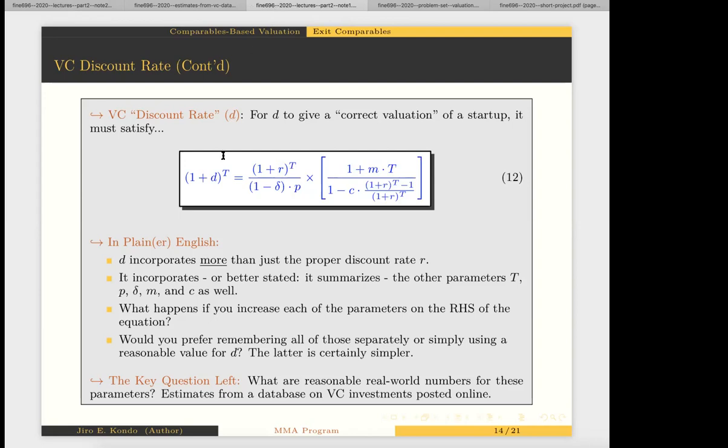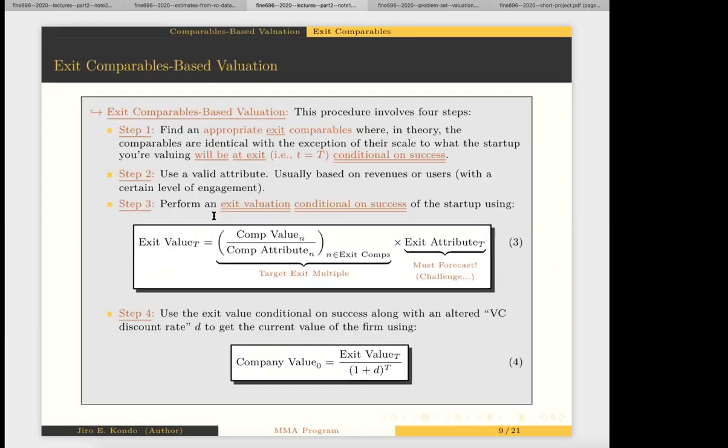This last step, step 4, in terms of practitioner lingo, is sometimes called applying the VC method, which is just a quick way to go from an exit value conditional on success to a value of the company today.